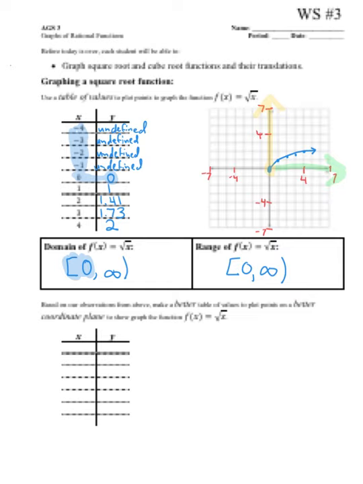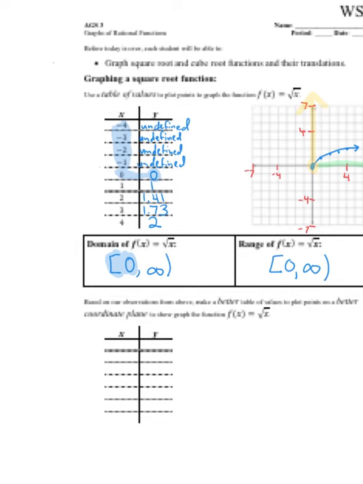The downside is we want to have nice integer values to deal with. The best way to put it is integer outputs. So we had 4 and 0 and 1. What we don't want is 2 and 3 here.